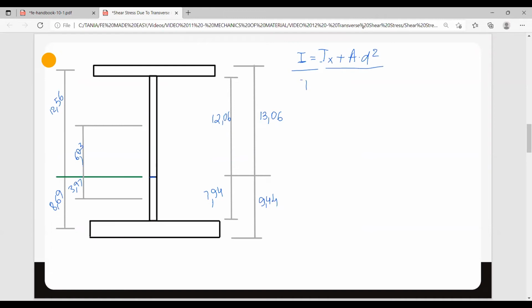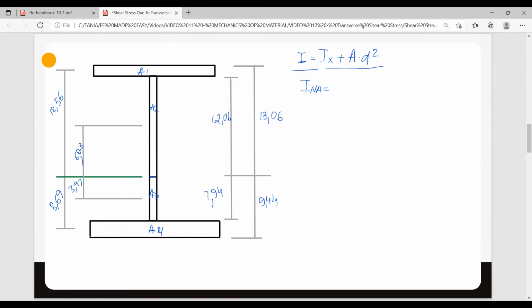In our case, we are calculating the moment of inertia about the neutral axis. Let me note that this is area 1, this is area 2, this is area 3, this is area number 4.